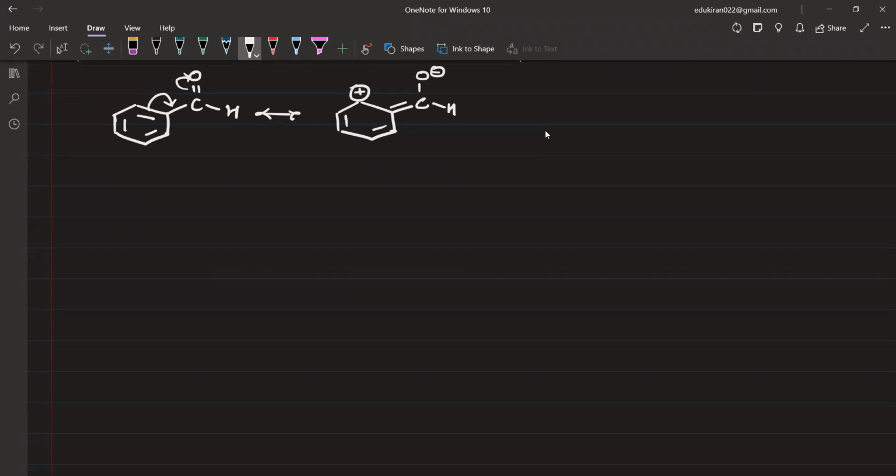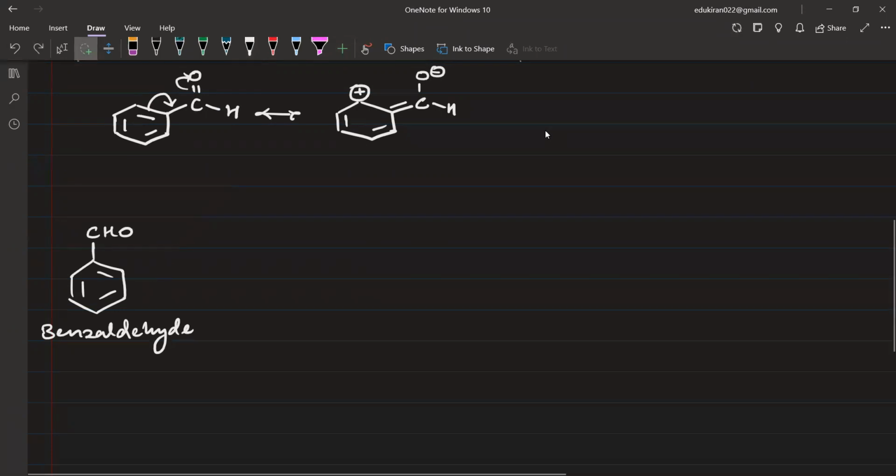Up to that point, we'll see first of all the reactions that are given by aromatic aldehyde, that is benzaldehyde, CHO. So there are three reactions that we need to remember.